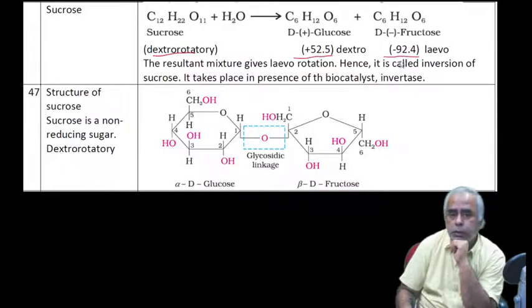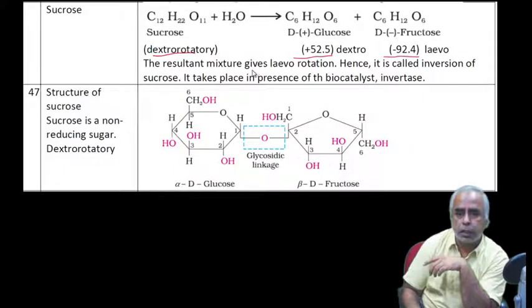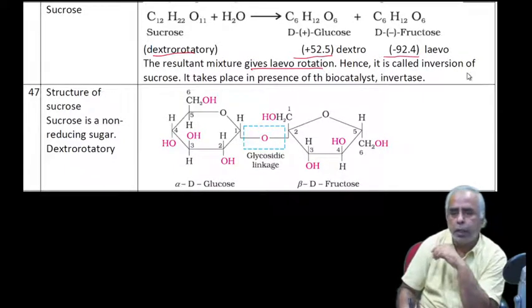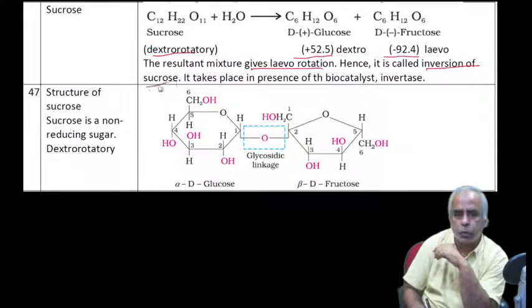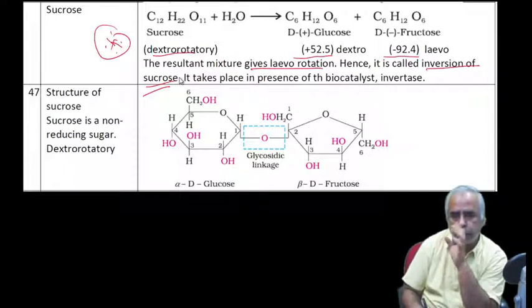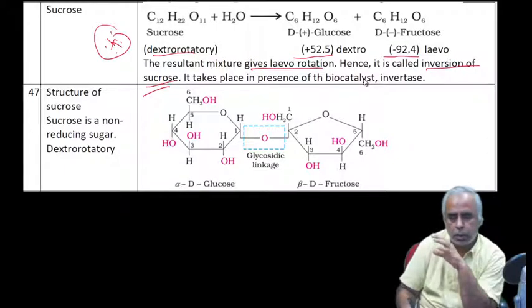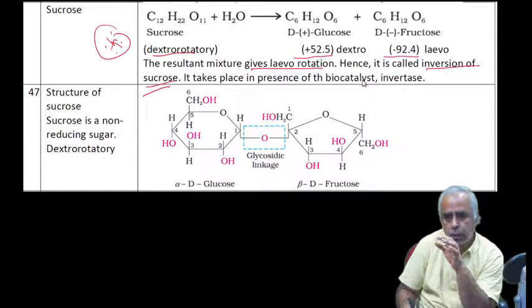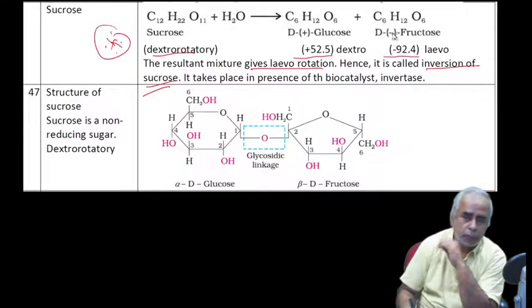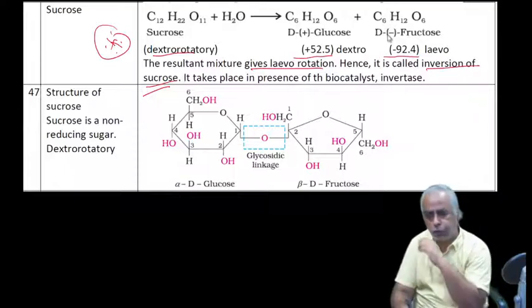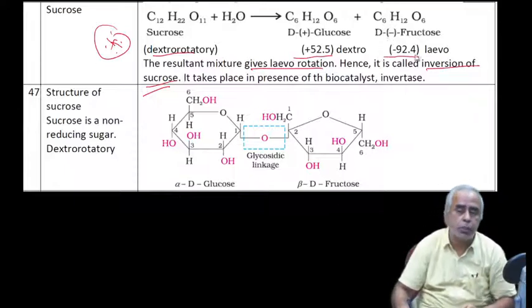So here the resultant mixture gives a levo rotation, and that is why it is called inversion of sucrose. Note this point, very important point. So why is it called inversion of sucrose? Sucrose as such is dextrorotatory, but when it is hydrolyzed, it is dissociated into D plus glucose with the 52.5 rotation and fructose, that is D minus fructofuranose, with minus 92.4.